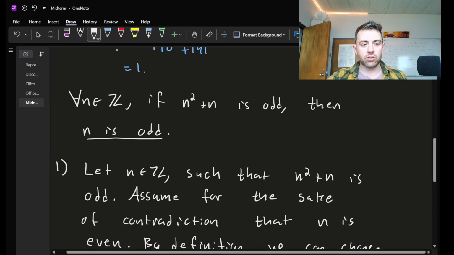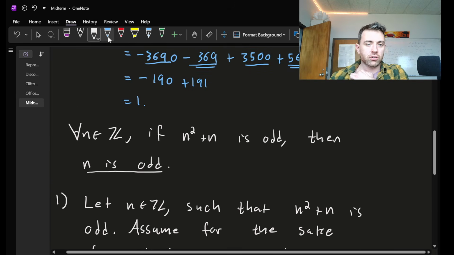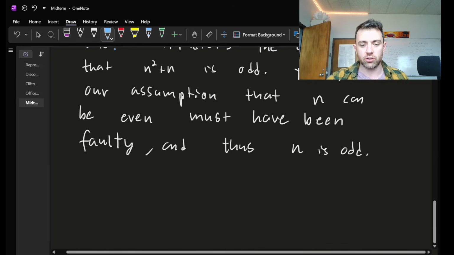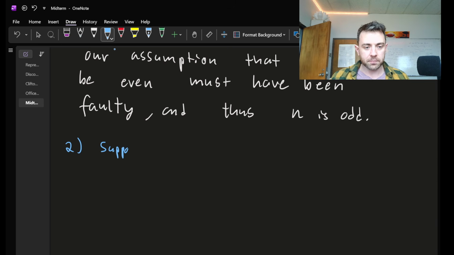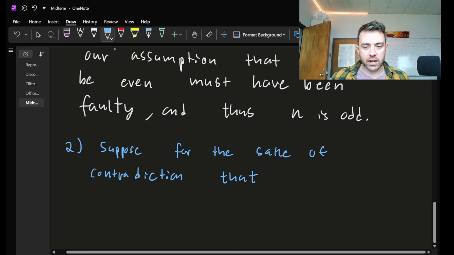The other way that you could do it is deny the entire thing. So option number 2 to solve this problem is you could say, suppose, for the sake of contradiction, that, and now we assume the negation of the entire statement, right?